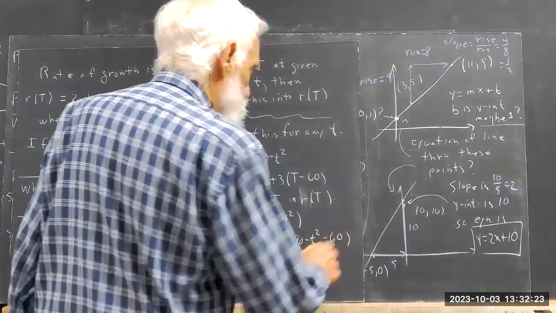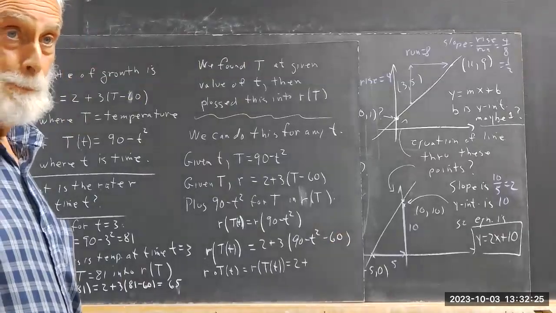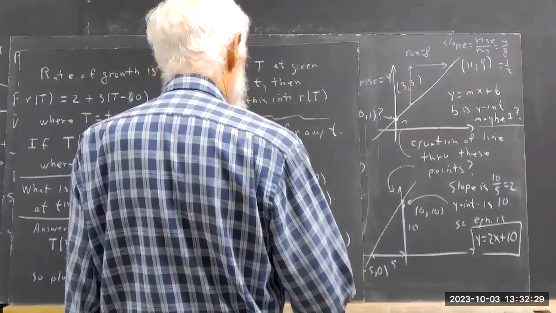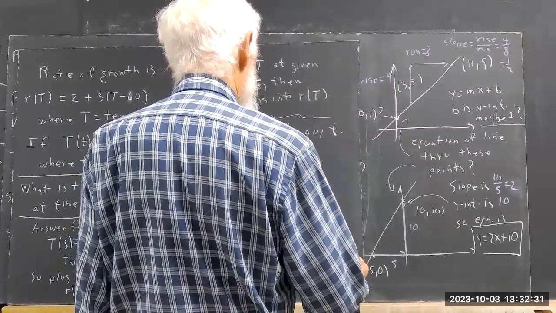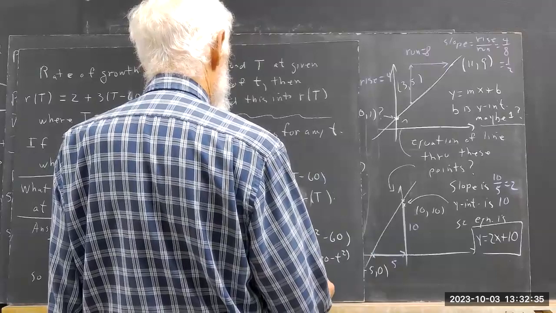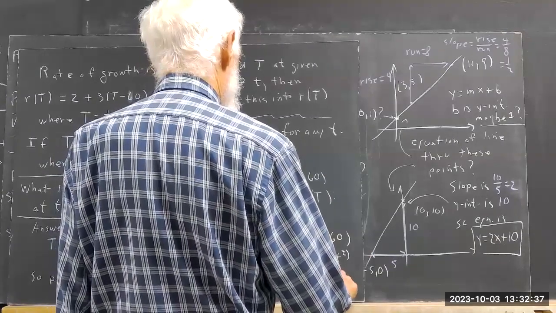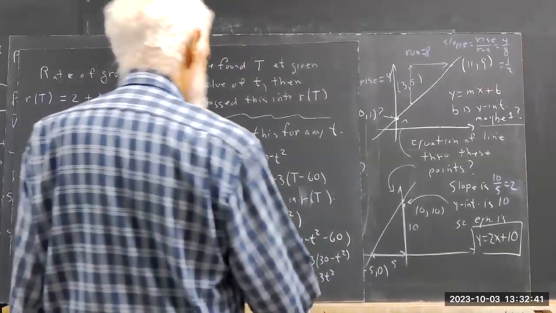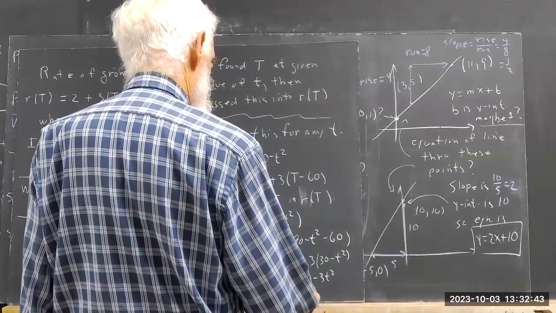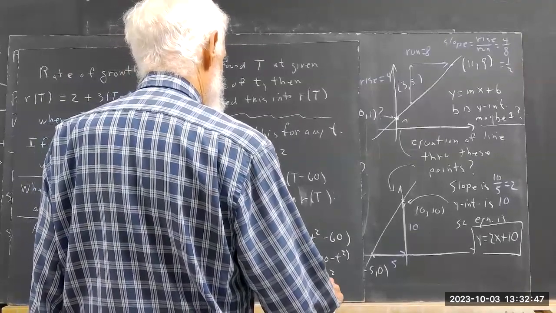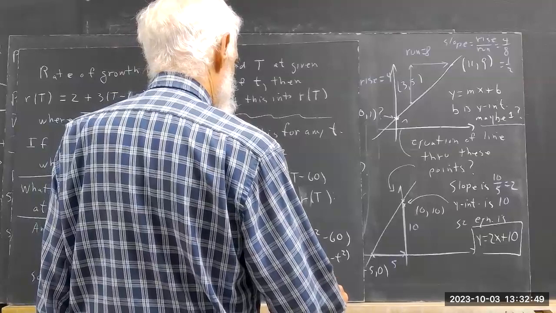Now, 90 minus 60 is 30, right? And you can do a little simple algebra.